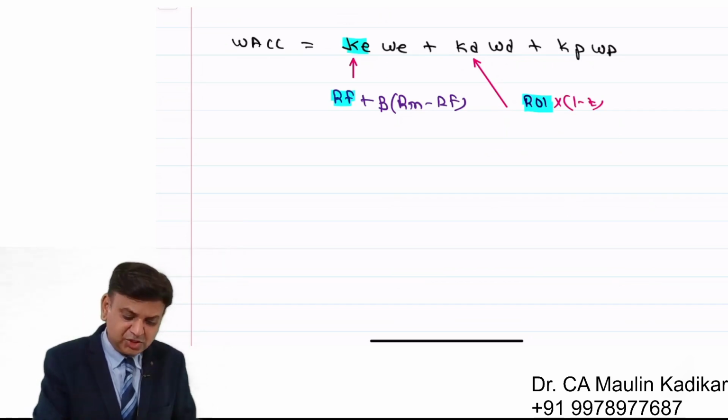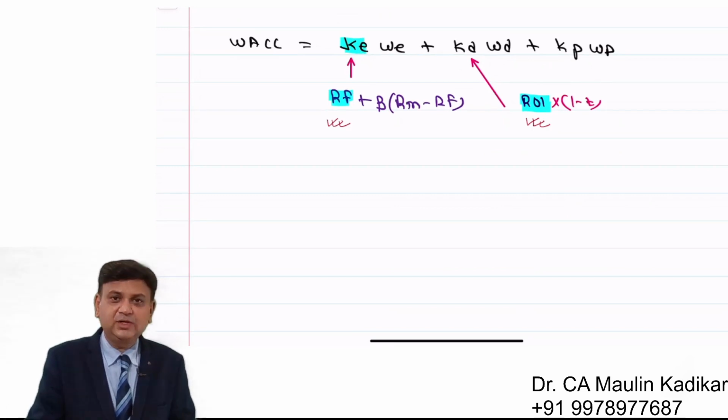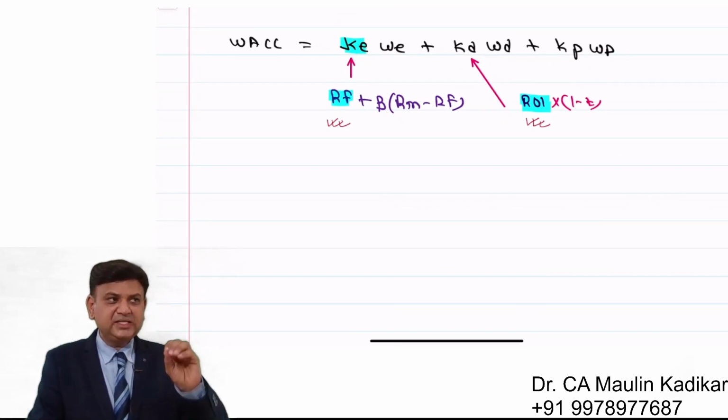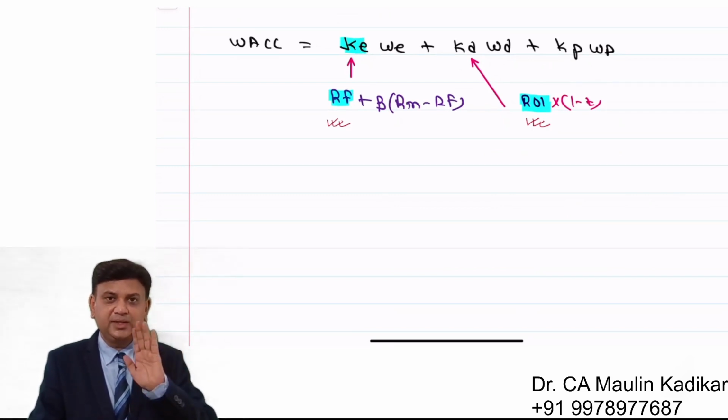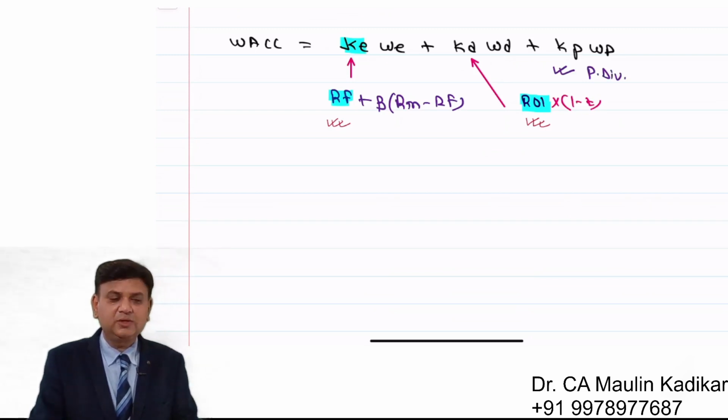Further, logically you can understand that this rate of interest has to exceed the risk-free rate of return, because Reliance security cannot give you a return which is less than what the central government is offering. As far as the cost of preference share is concerned, we take the preference dividend rate into account.